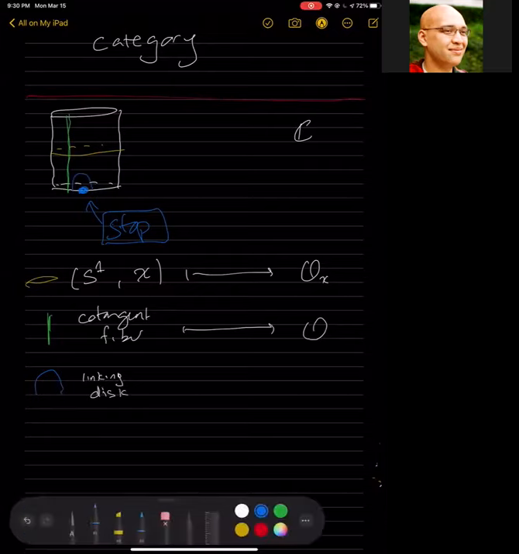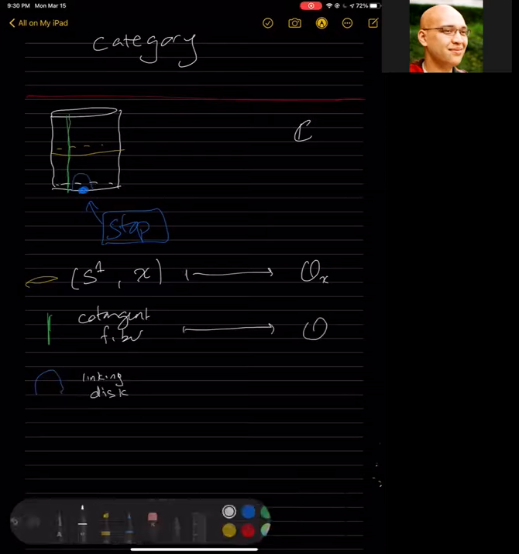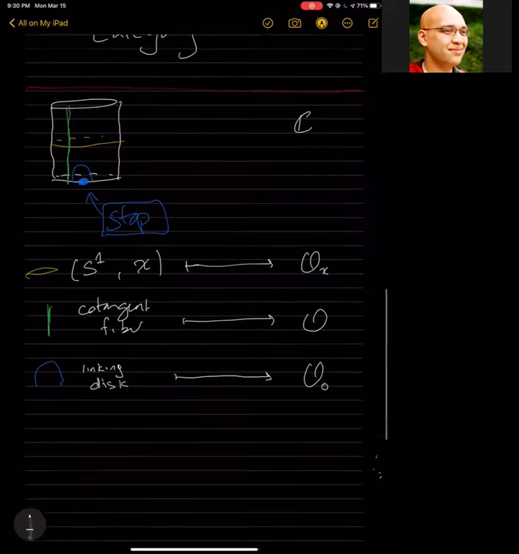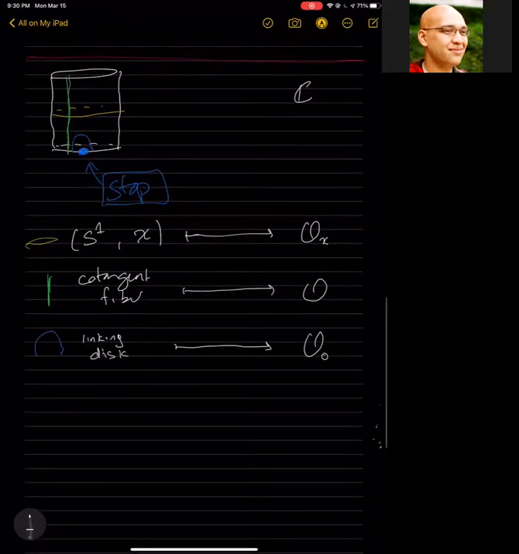Okay, and that linking disk, well, when I was making the structure sheaves of points, I left one out, namely this point 0. And that goes to this point, the point 0. So let me comment just briefly about how this stop modifies the rules for intersections. All the stop does is modify the rules for intersections at infinity.